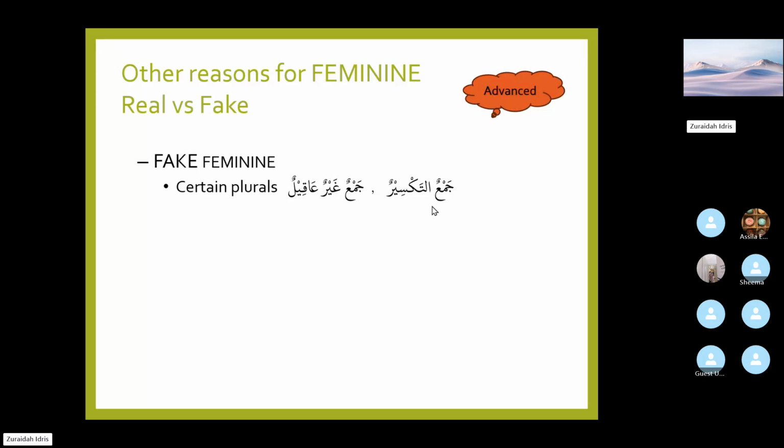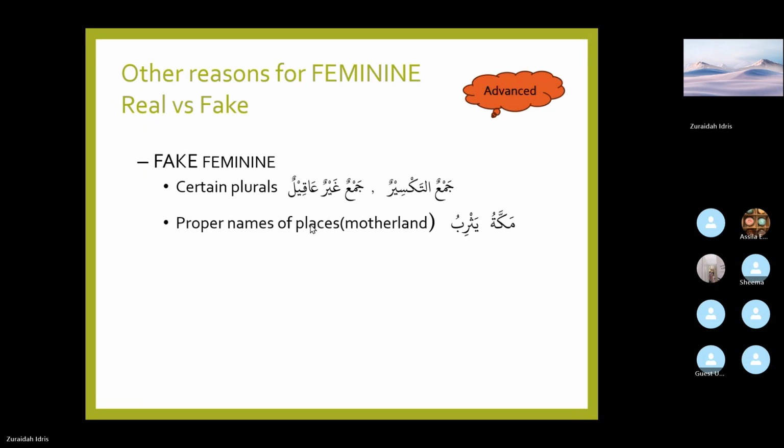And then broken plurals as well are treated as fake feminine. Not all, but most. And then proper names of places, like Makkah, Yathrib. These are treated as feminine. But of course, they're not real females. They're just grammatically treated as feminine.